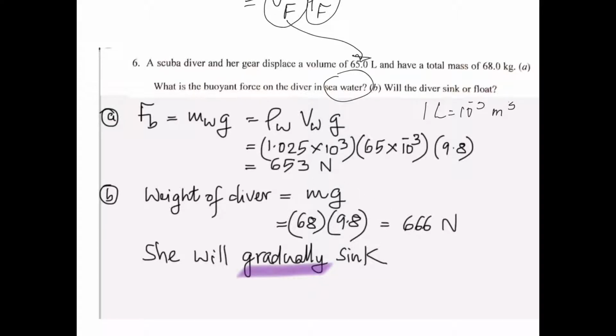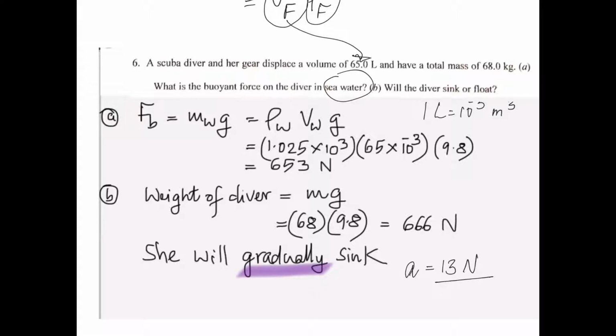Therefore, you could even find the acceleration. That's interesting. You could find the acceleration because the net force is going to be the difference between them: 666 minus 653, which is 13 newtons.